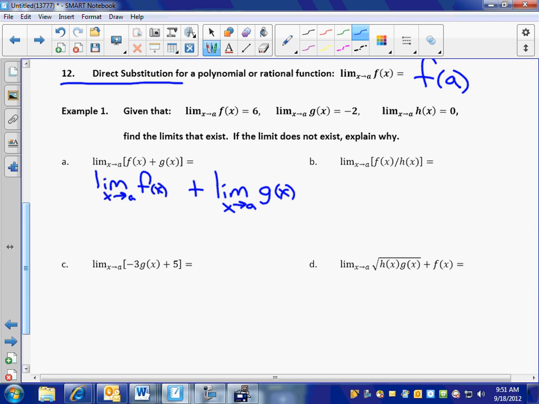Do you see this up above? What is the limit as x approaches a of f of x? 6. What is the limit as x approaches a of g of x? Negative 2. So if we wanted to add them together, we then get 4.